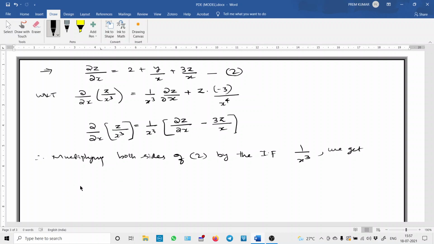So we get 1/x³ of (∂z/∂x − 3z/x) equals 2/x³ + y/x⁴.